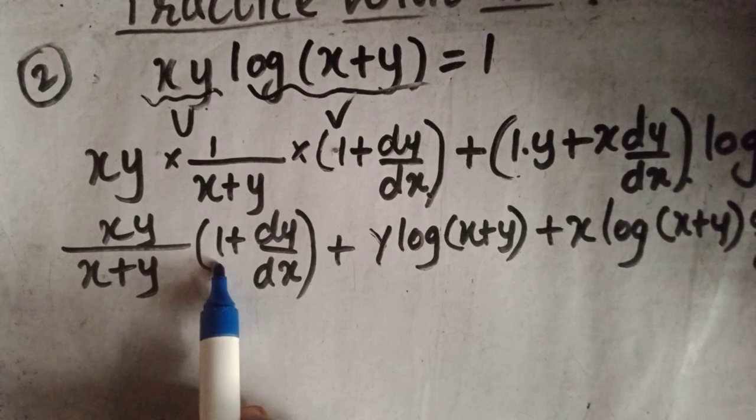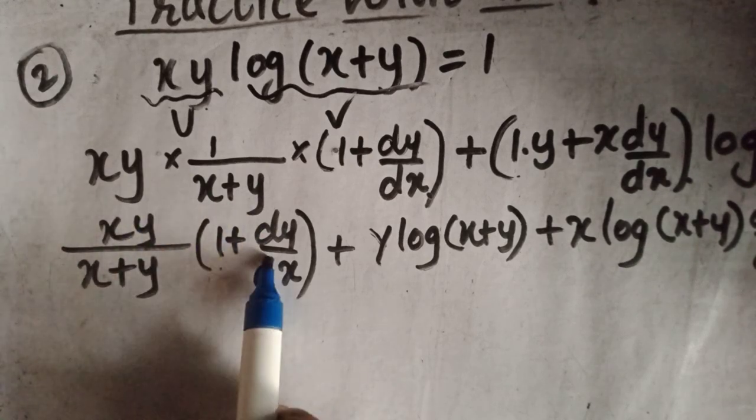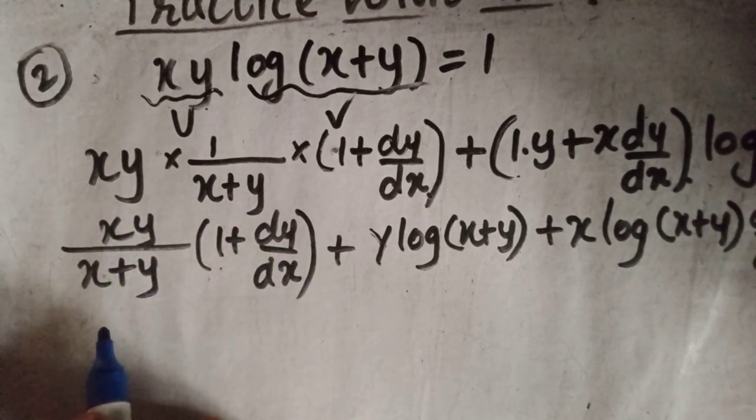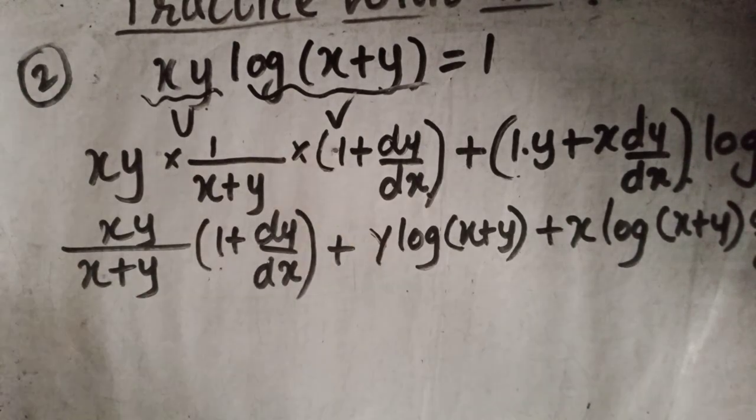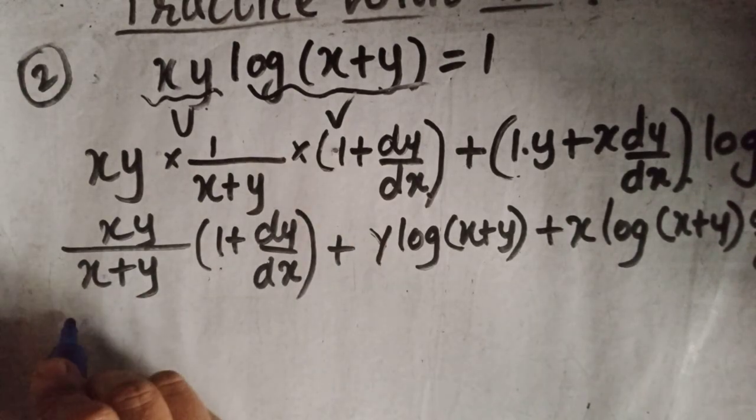Again taking 1 inside means multiplying this inside, you will get a dy by dx term. So this is one dy by dx term and that one, so I'll write them together.